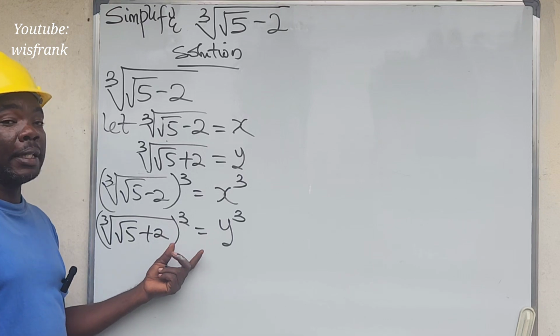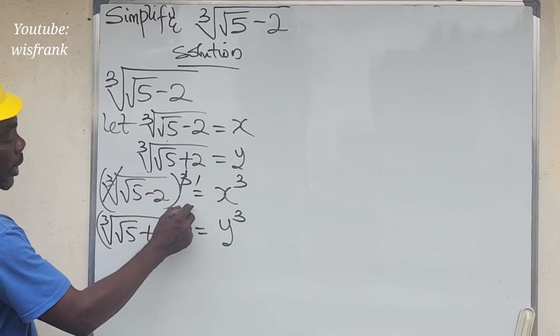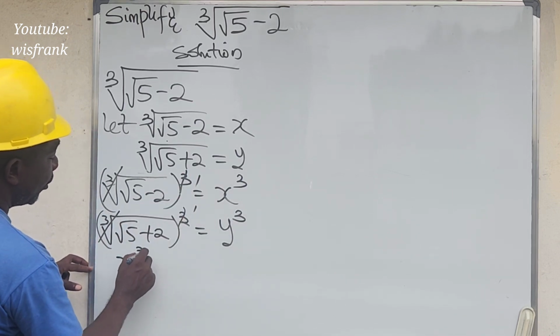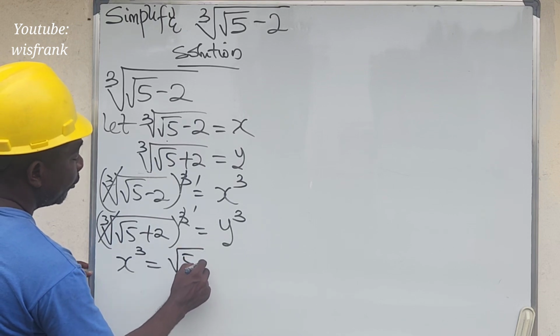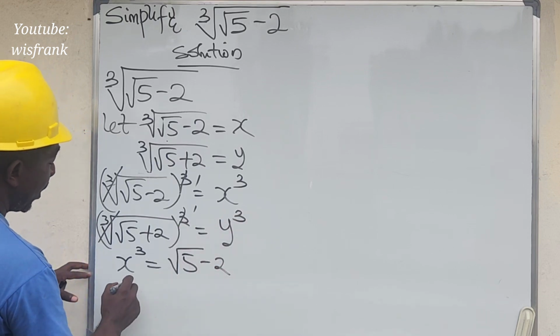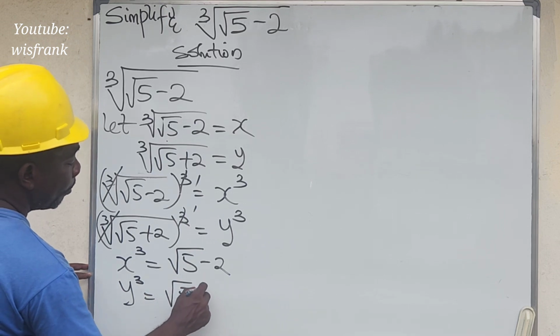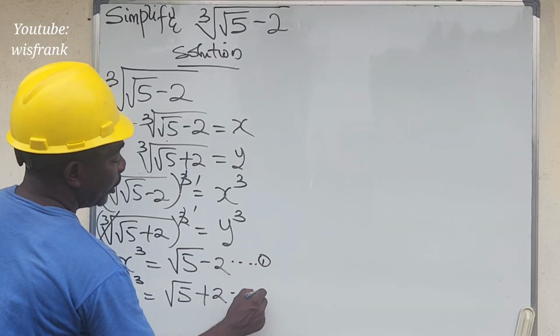From here, we can see that the 3 cancels the cube root. Therefore, x to the power of 3 equals square root of 5 minus 2, and y to the power of 3 equals square root of 5 plus 2. Let's call this equation 1 and this equation 2.